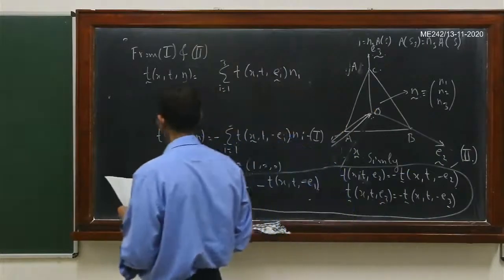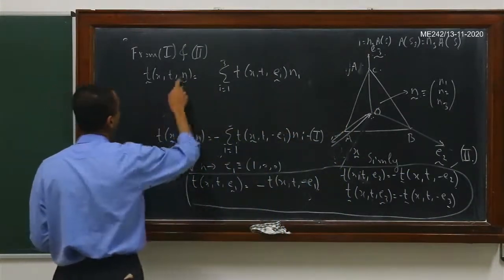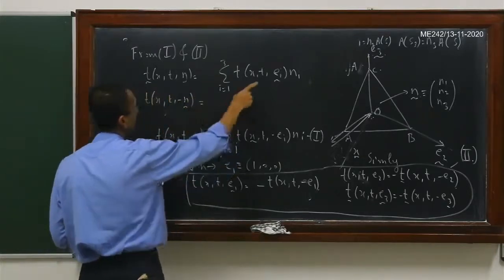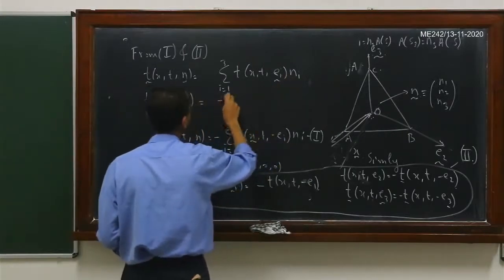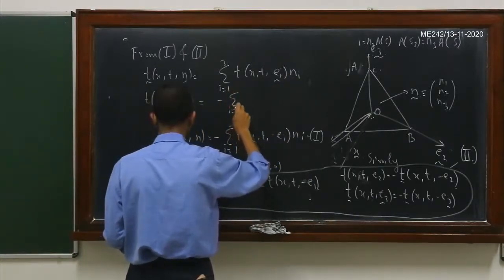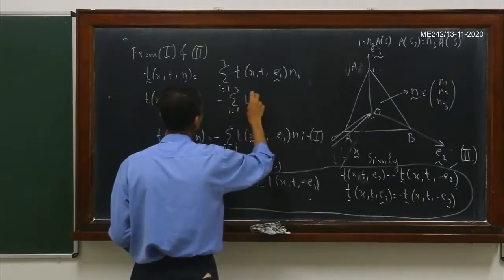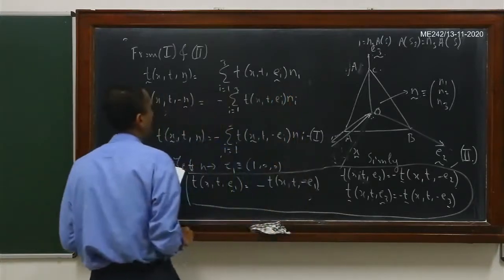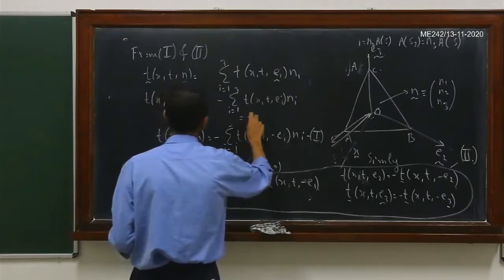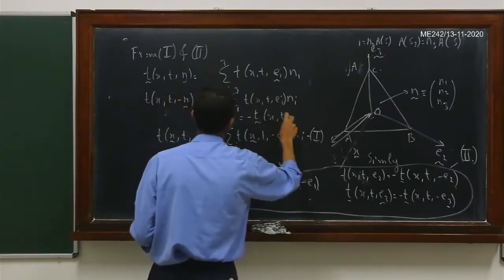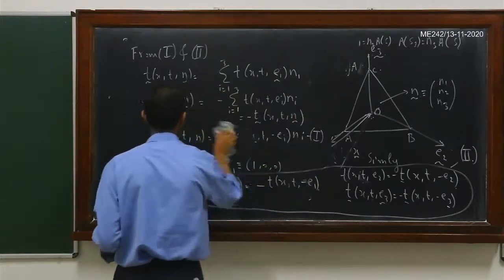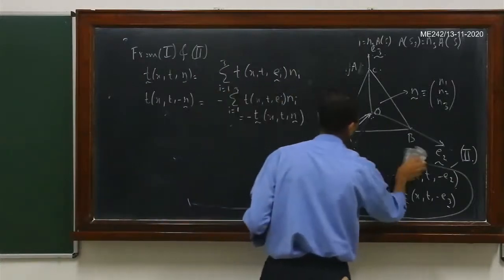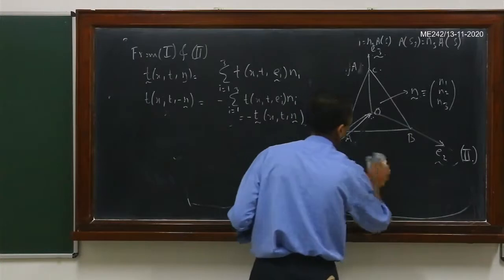So what result do I get if I put minus n here? I get t(x, t, minus n), so here you put minus n, and then you will get minus the summation over i equal to 1 to 3 of t(x, t, e_i) n_i, and that is nothing but minus t(x, t, n).